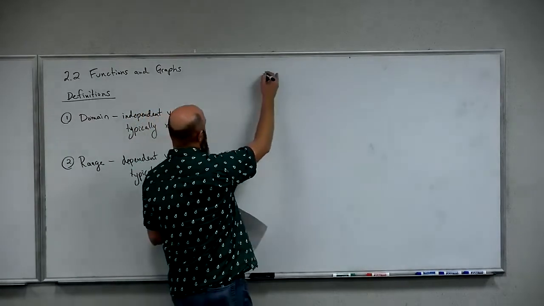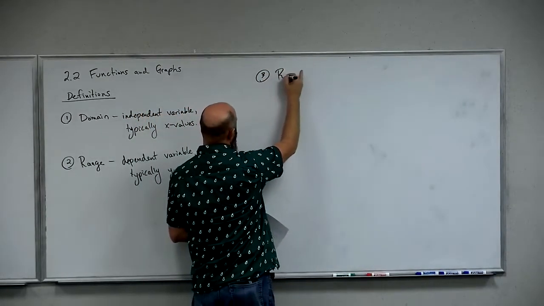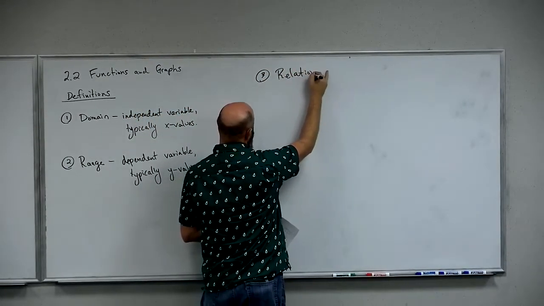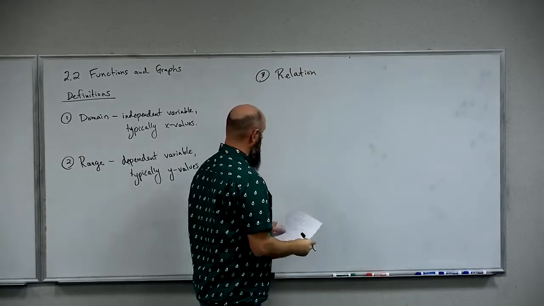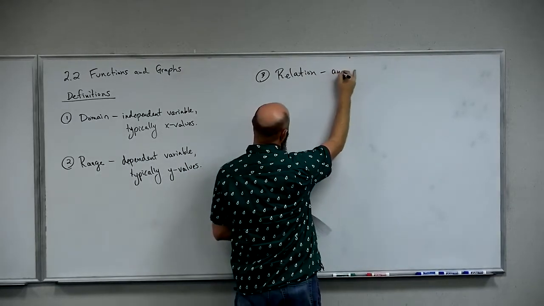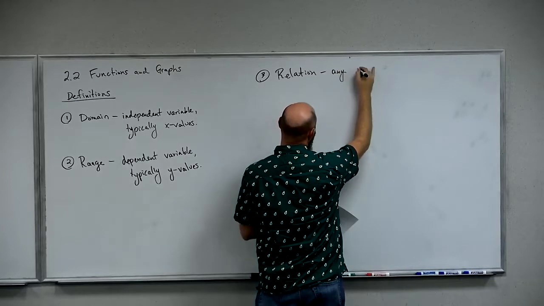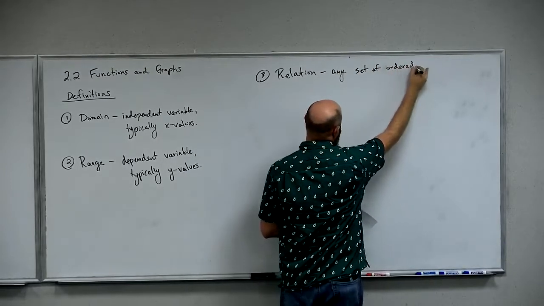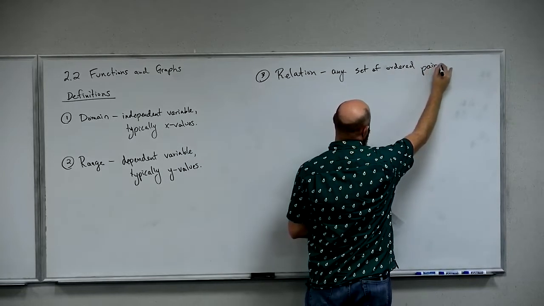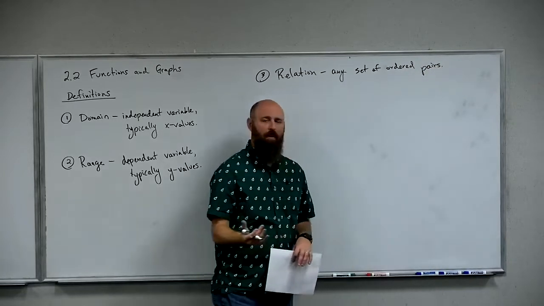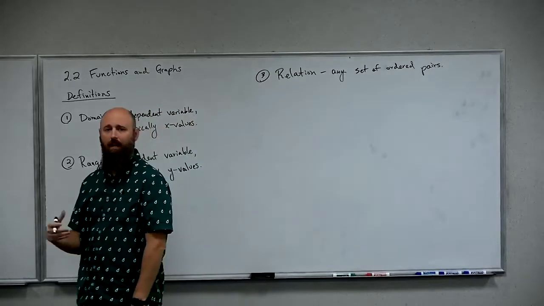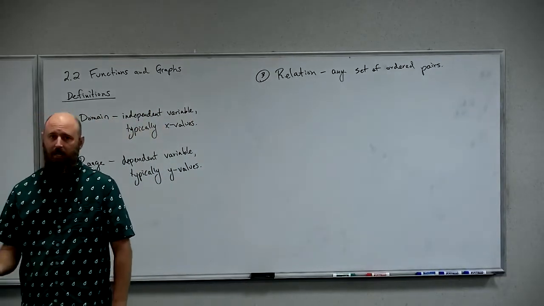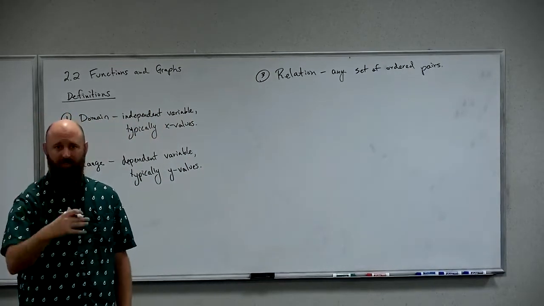Okay. Next one is a relation. And a relation is any set of ordered pairs. Now, we just briefly talked about ordered pairs last time. That's what you're creating when you plot a point. We had those x and y values.